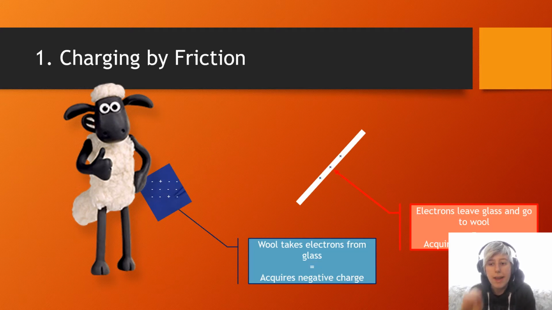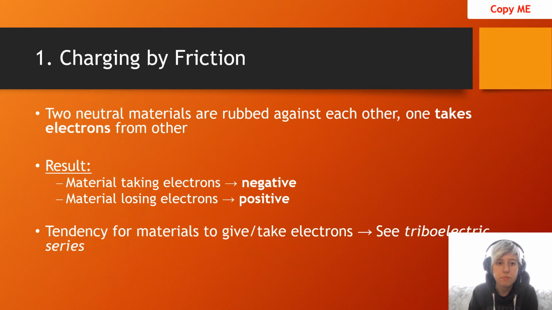So what happens is that the wool takes electrons from the glass, acquiring a negative charge. The electrons leave the glass and go to the wool, and the glass acquires a positive charge. But the protons never move. It is only the electrons that move.